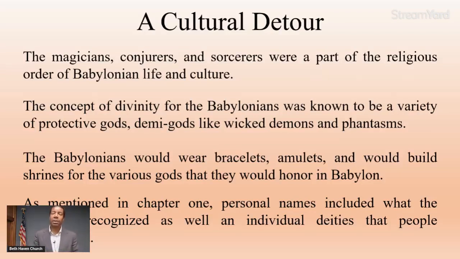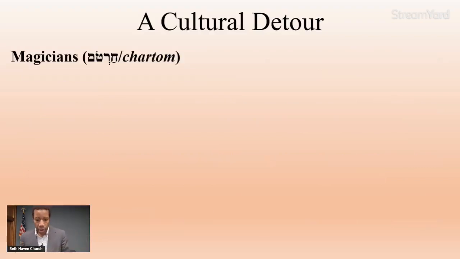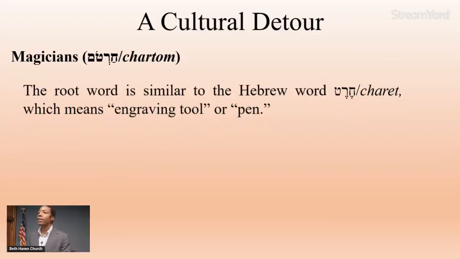Let's take a look at some of these individuals and what they did. The Hebrew word for a magician is the word karton. The root word of karton is the word karet, meaning engraving tool or pen.